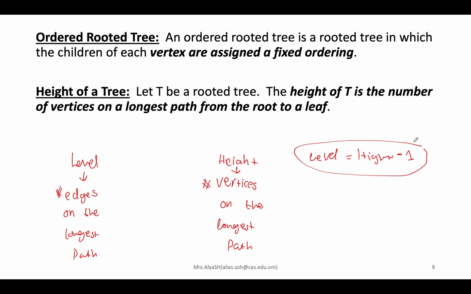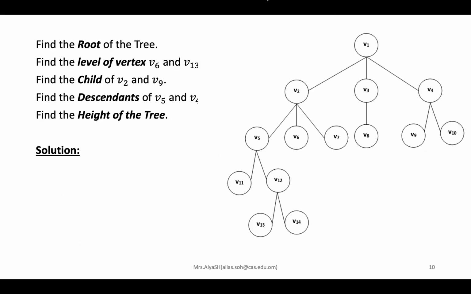Okay, now if we go back to our tree, we need to find the root. So the root of this tree is, if we count 1, 2, 3, 4, and 5, V1. Now the level of vertex V6 and V3.